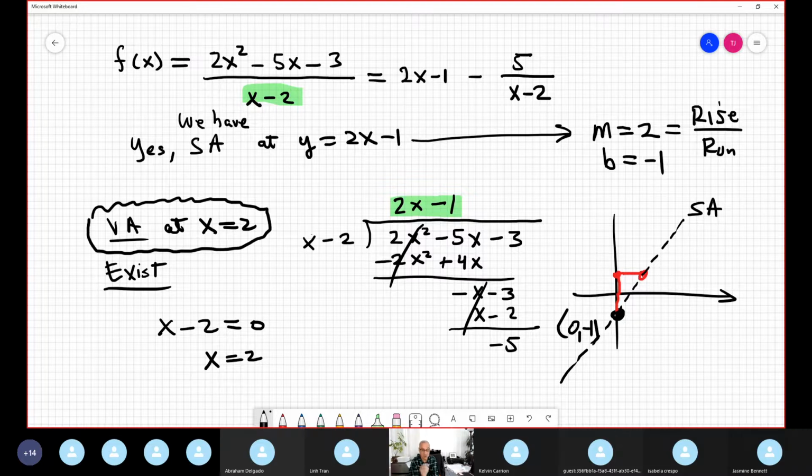Don't confuse it with horizontal. For horizontal and slant, we need to do the analysis of the degree. Vertical, no. For vertical, you only take the factors in the denominator and force them to be 0, because this is undefined. Okay? And by the way, I need to explain one more idea.